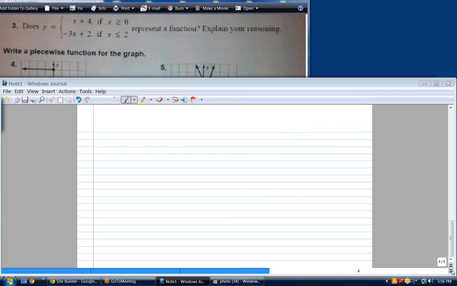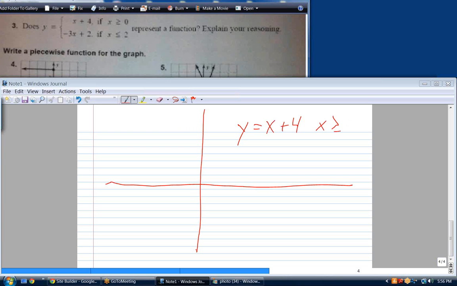Does this represent a function? And explain our reasoning. Well, first of all, let's graph it. We're going to start with the top function. Y equals x plus 4 whenever x is positive or 0.